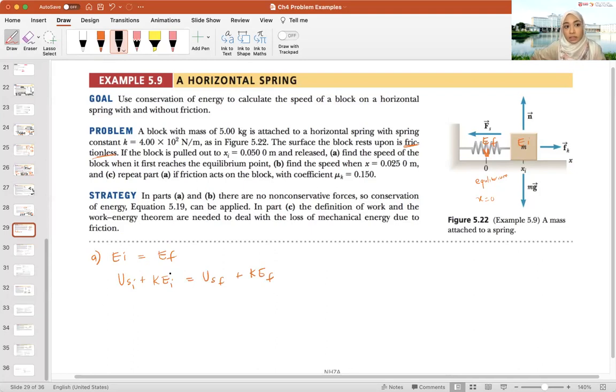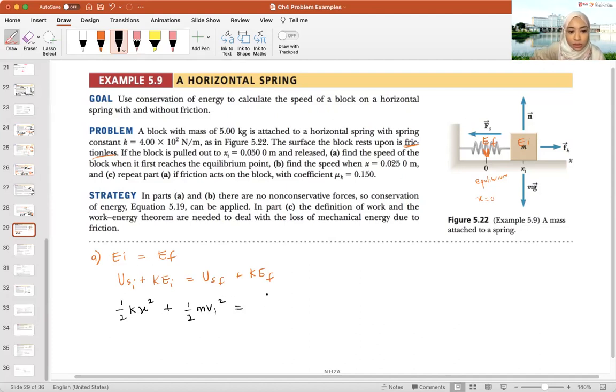So tadi kita cakap pasal UG, now we're just talking about US. So US is 1/2 KX squared. Selalu orang tertinggal squared ni. Selalu memang selalu sangat sebab dia confused dengan F equals to KX. So don't make that mistake. 1/2 KX squared. And then we have our 1/2 MV initial squared.